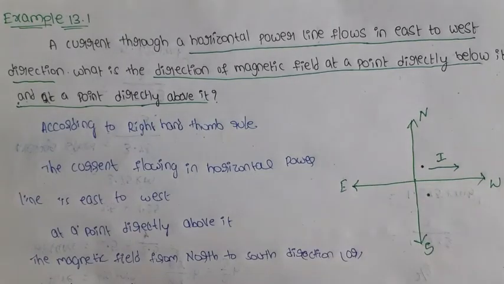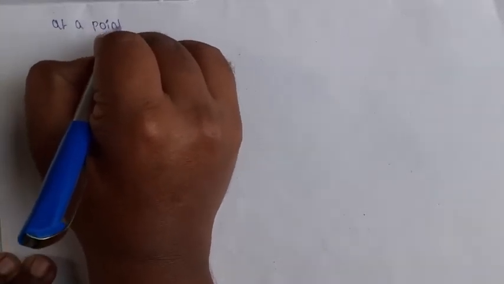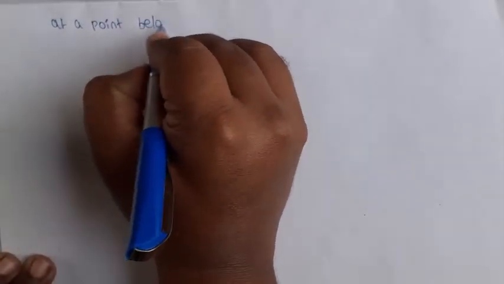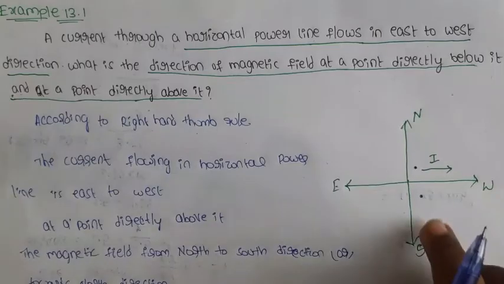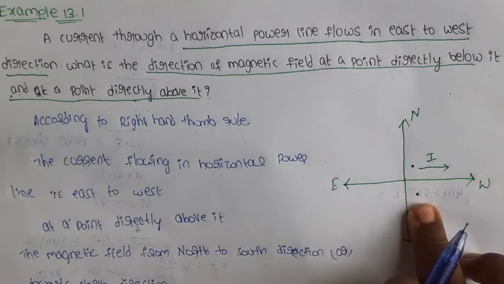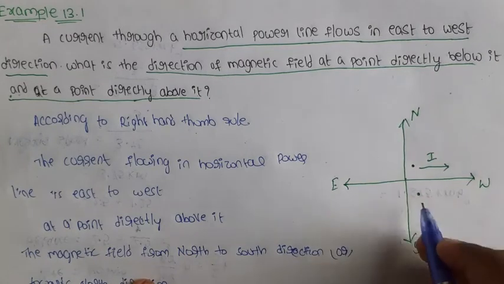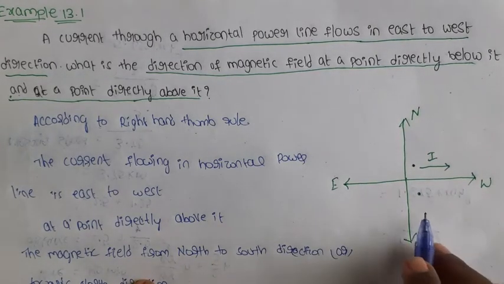Now below the point of horizontal power line, at a point below, this is the below point of the horizontal power line. At this point, what is the direction of the magnetic field?